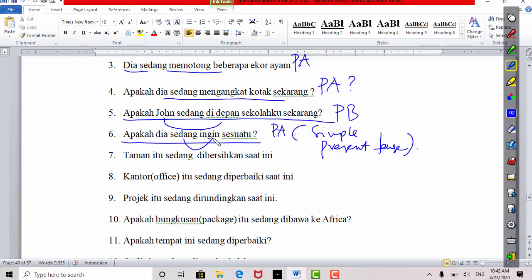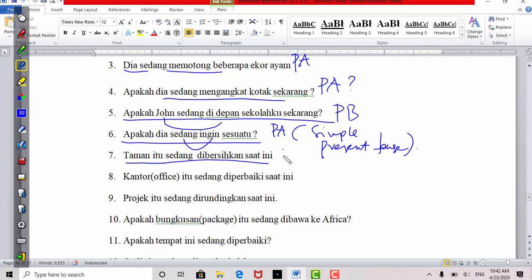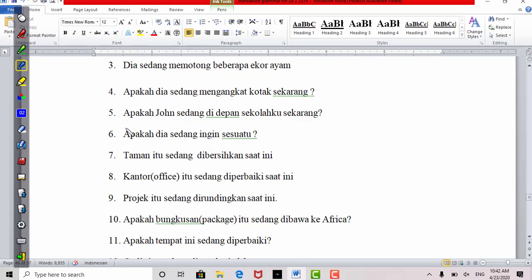Wah, this one is pattern C. Maybe I will try to answer number 7 because this one is pattern C. I will make it bigger now. I will erase first. So number 7, this one is pattern C. Taman itu sedang dibersihkan, taman itu.